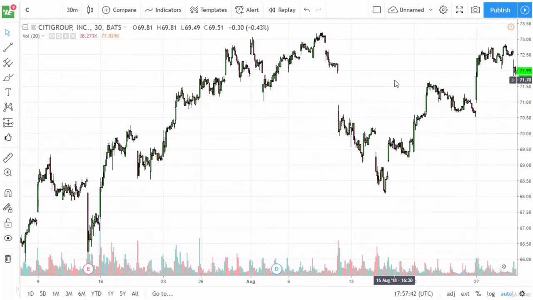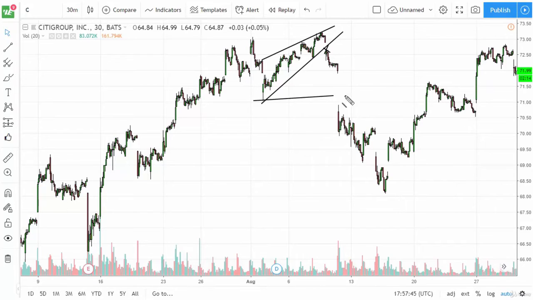As I go looking for other patterns, keep in mind that this is on the fly. So this shows you just how common they are. Here's a wedge, an ascending wedge. We broke down through there. We not only hit our target, but we went much lower, obviously. And in fact, there was another wedge here, which we also hit our target.